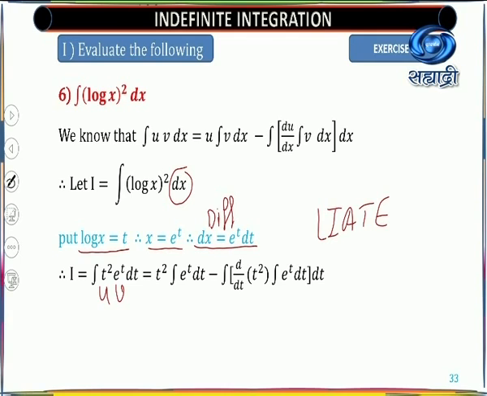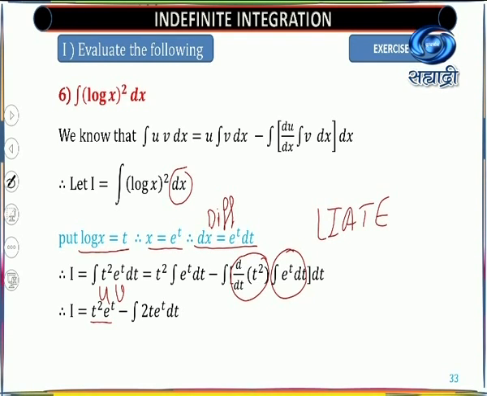So you are using here t square times the integration of e raised to t dt, minus the integration of the derivative of t square into the integration of e raised to t dt. What value will you get? E raised to t, derivative is also e raised to t, and integration also e raised to t. So you will get t square e raised to t.